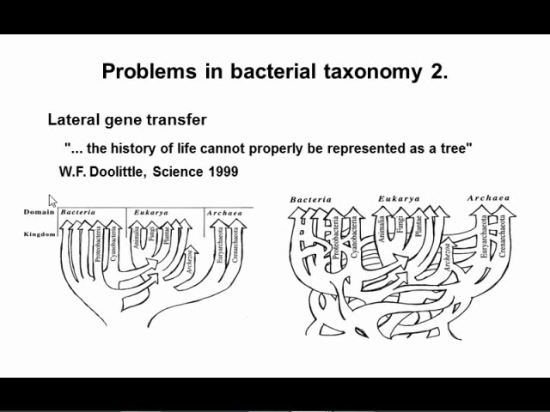William Ford Doolittle published a discussion article in Science almost 20 years ago saying that's what we teach in schools or in universities, and we shouldn't, because it's incorrect, because the reality looks a little bit like this. You have a lot more lateral gene transfer than is represented here.